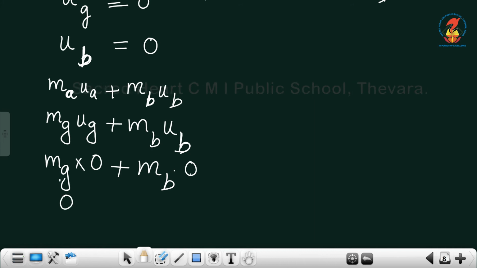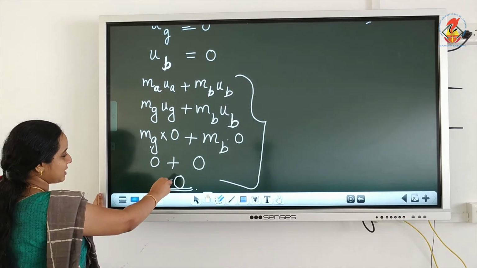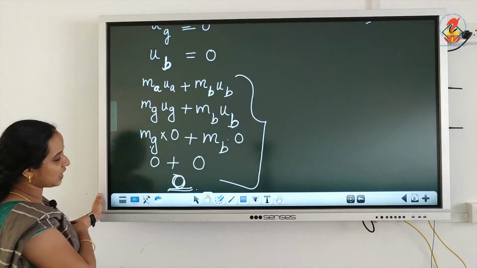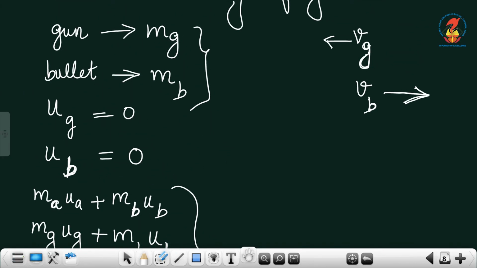Mg into 0 is 0, and Mb into 0 is also 0. So the total momentum before collision is 0. Now let us see the total momentum after collision.